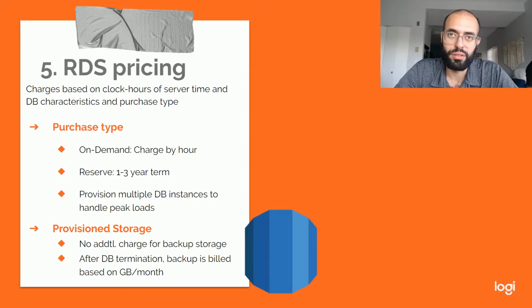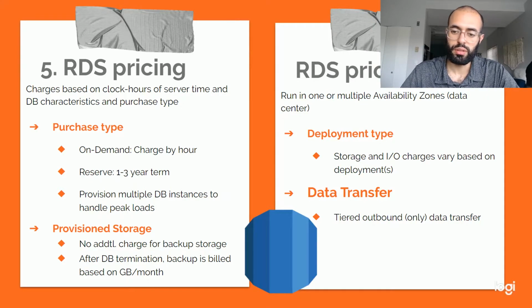A good practice for your database is to produce backups of it in case anything fails. You're not actually charged additionally for the backup storage until after your database shuts down. After your database shuts down, you're billed on gigabytes per month, based on the type and the capacity of your database, as well as, of course, as with everything, the amount of data that's transferred out.